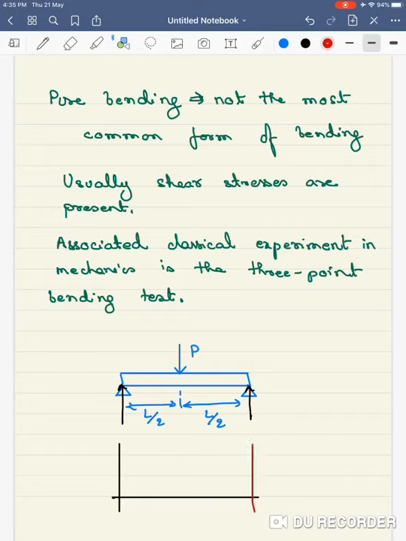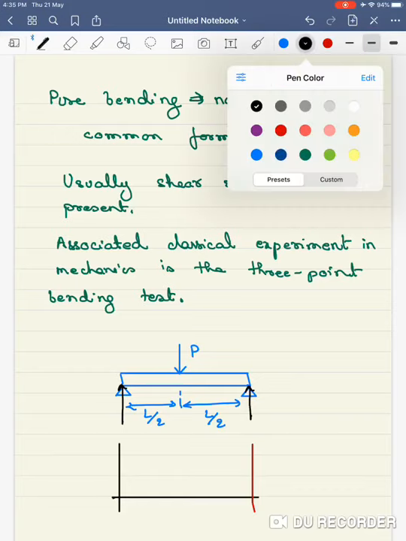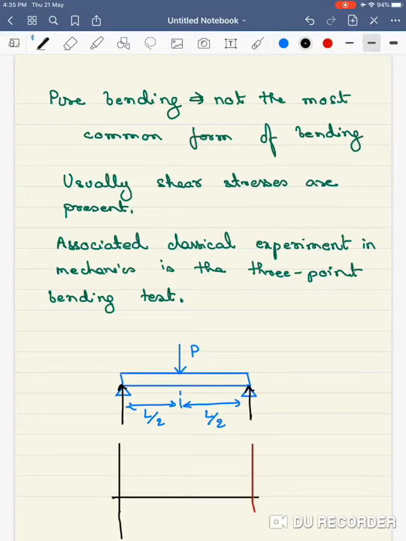I'll tell you why I use the different color. Okay, so for example, if you wanted to plot the shear stress, just a second, I'll just quickly finish this drawing.